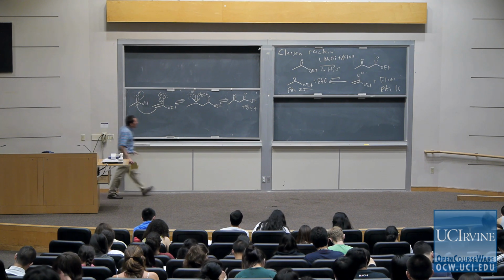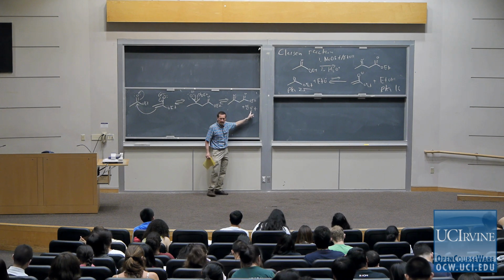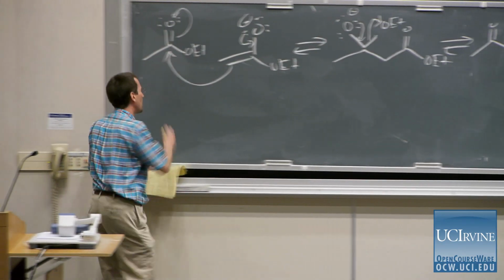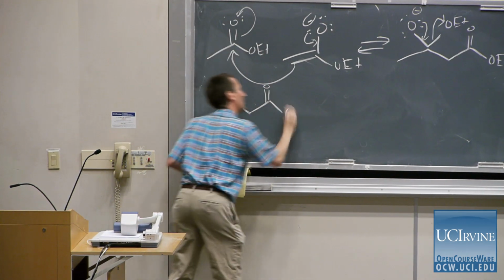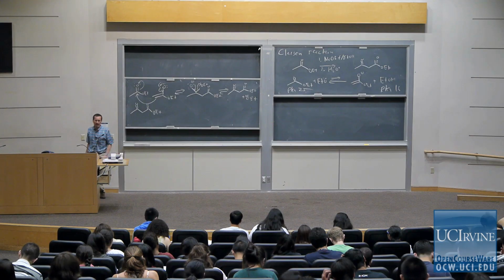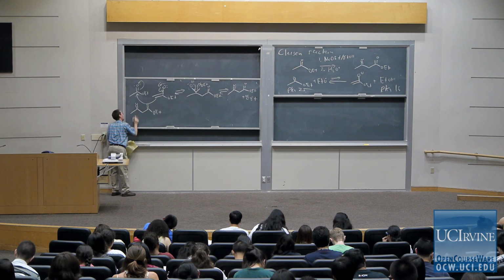See, our ethoxide is a good base here, pKa of about 16 for the conjugate acid, and our 1,3-dicarbonyl compound is reasonably acidic. The pKa of ethyl acetoacetate is 11.